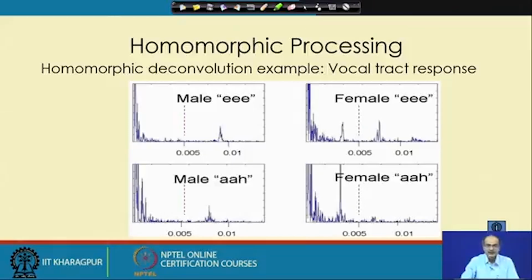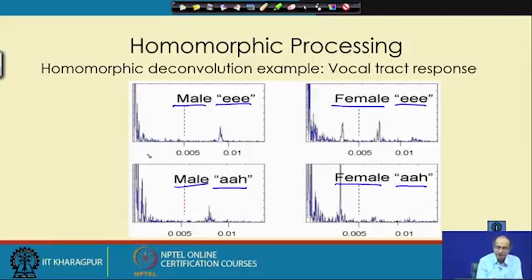To show an example of what we have done, first we have taken male speech, where two vowels are uttered: first E, next A. Again for the same two vowels E and A, we have taken female speech, and we are going to the cepstral domain in all these cases. So, when we look at E for the male speaker, we get the cepstral coefficients on the y axis.